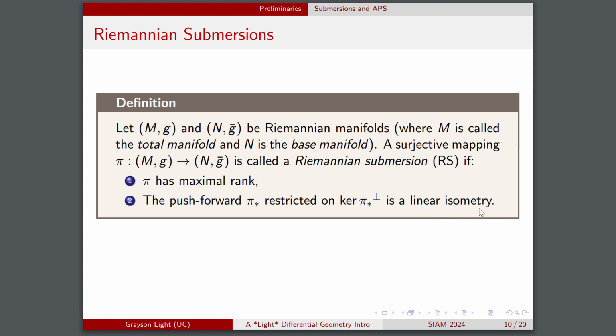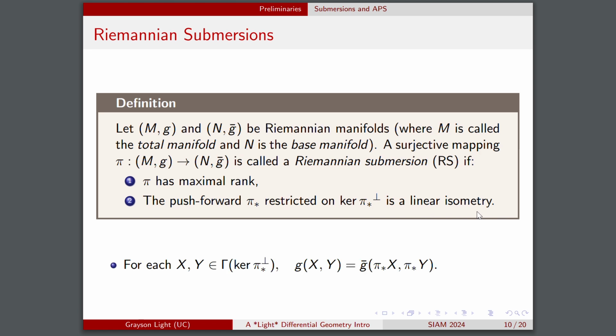Now, this linear isometry part is actually quite a bit simpler. If you take any two horizontal vector fields, x and y, and push them forward onto the base manifold N, the little manifold N, and then plug them into that manifold's metric, you can just drop pi star. It's pretty nice. So yes, this is the Riemannian submersion.